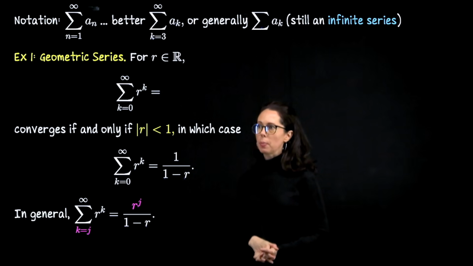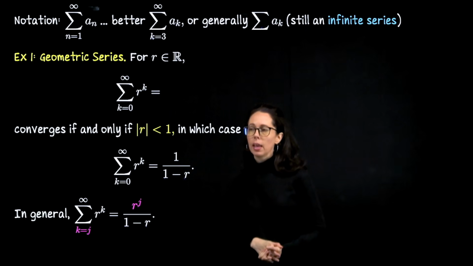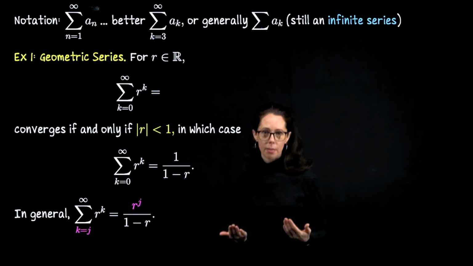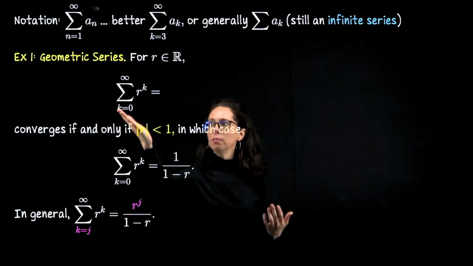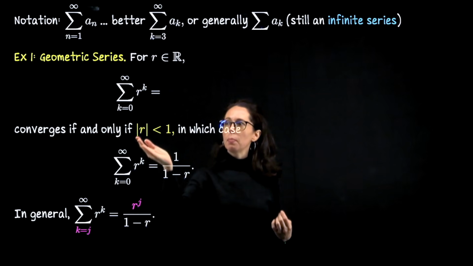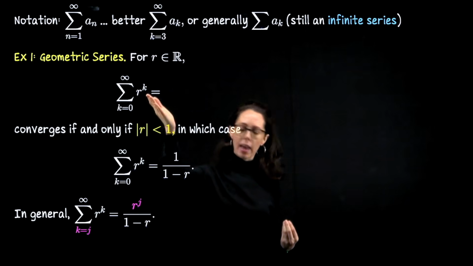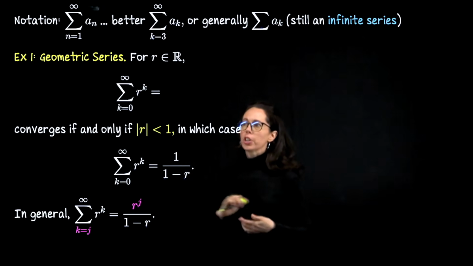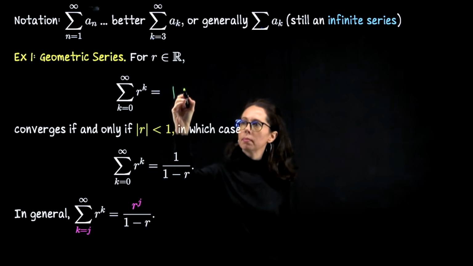Okay, so how do we form a geometric series? Well, what we do is we take a base, little r, and we just exponentiate it and add those expressions together. So let me actually expand this. If we start with a lower index of 0, go off to infinity, the geometric series that we would form by doing r to the k, the first term is going to be r to the 0, so that's just 1.